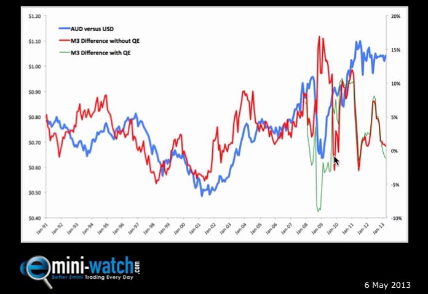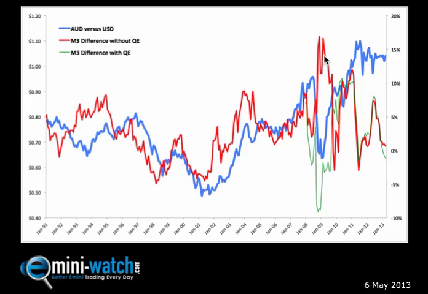Now, what you can do with the money supply is factor out the effect of TARP and quantitative easing and all of those programs that went on. With quantitative easing and TARP programs and so on included in the US money supply, you can see this green line go down here, and that actually shows what in fact happened. That was closer to what actually happened to the Aussie dollar versus the US dollar.